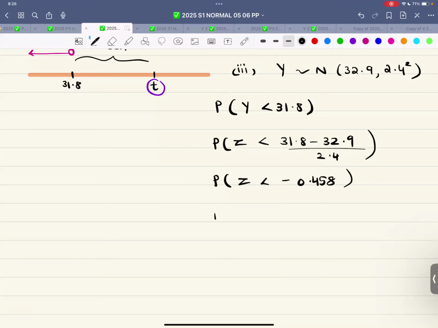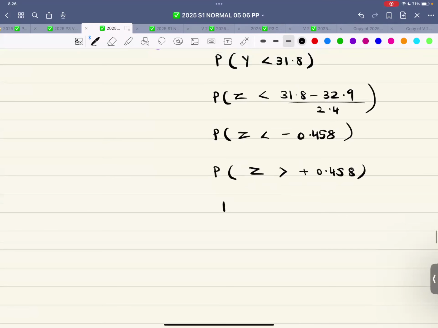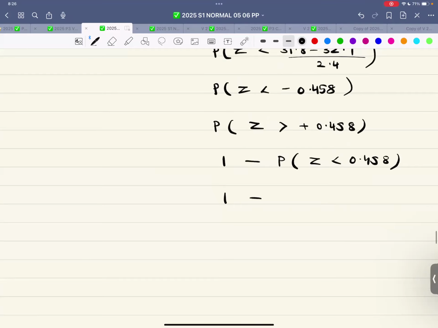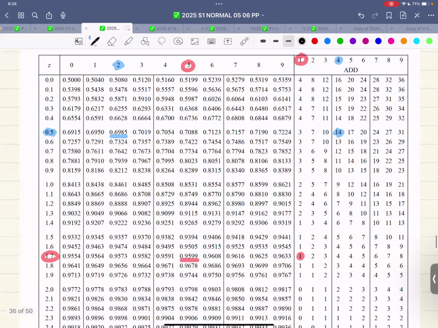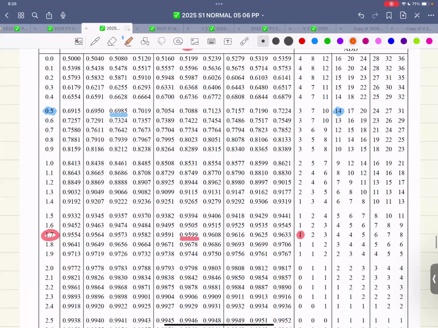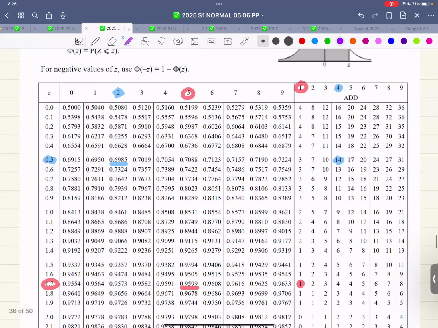So Z lesser than a negative value, Z greater than this same positive value because of symmetry. That is indirect reading. 1 minus probability Z is lesser than 0.458. So let me go over here, 0.458. That is the Z value.